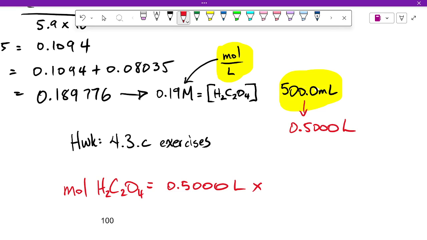How do I find moles? I need to cancel the liters and find the moles. And I should actually use my unrounded number.